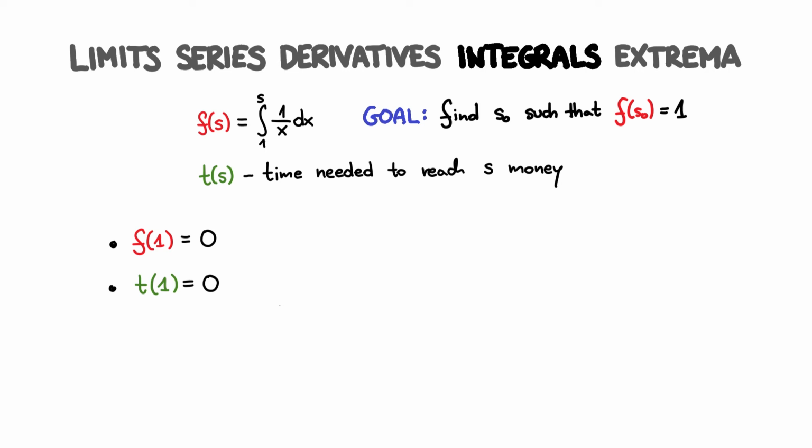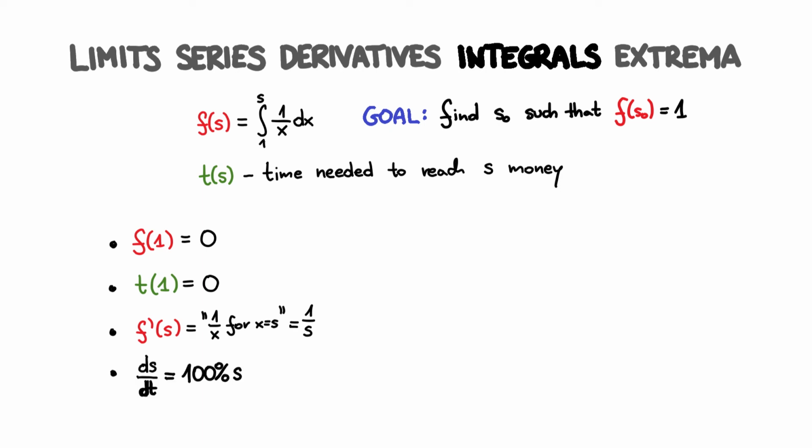Firstly, since integrating and finding derivatives as operations are opposite to each other, we deduce that the derivative of f should be the function 1 over x evaluated at s. That is 1 over s. Regarding the function t, the speed of growth of our amount of money is proportional to this amount with the proportionality constant 1.